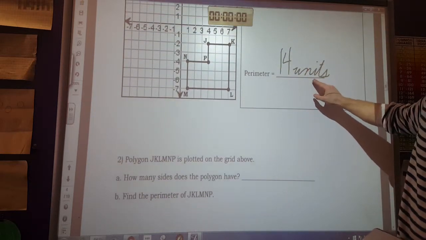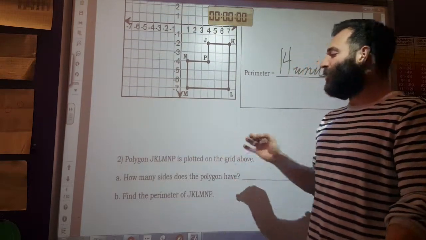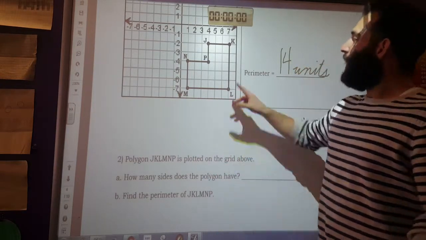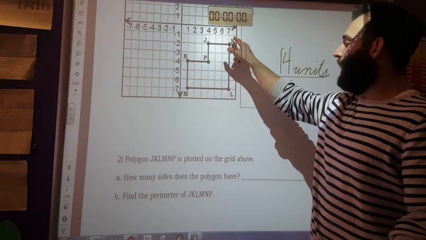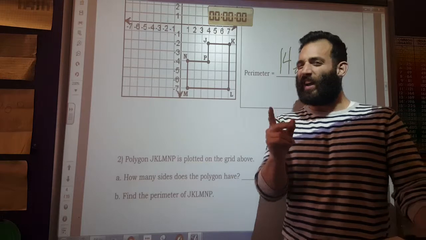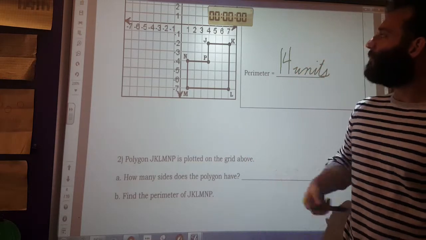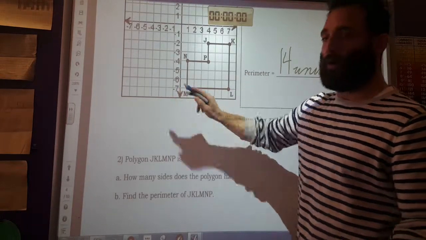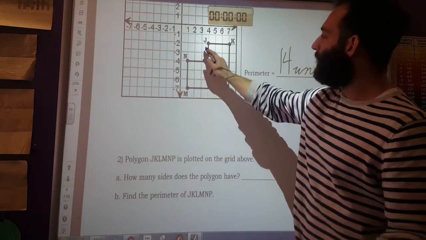The next question is referring to polygon U5L10B, and that is this polygon right here. Now, the first thing I'm going to do is I'm going to count the sides. I'm going to start up here with 1, 2, 3, 4, 5, 6.